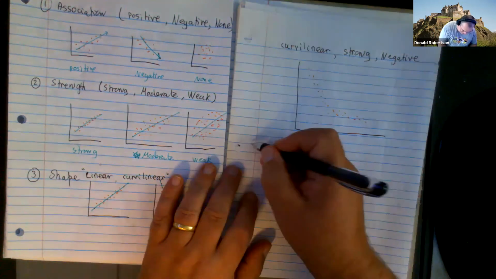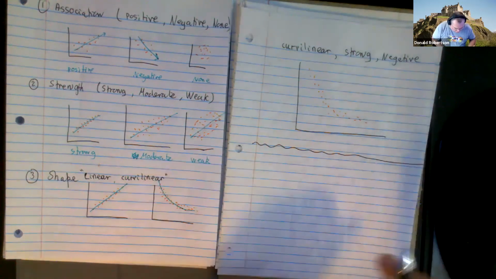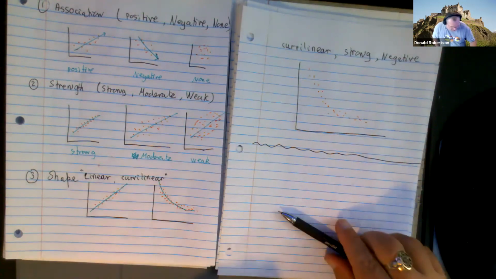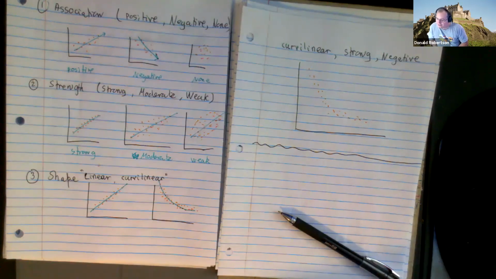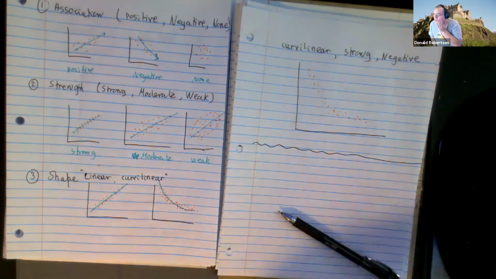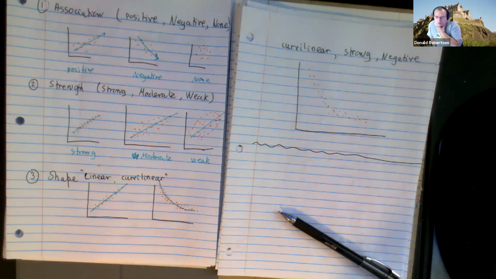Now I'm going to give you some stories. And you have to decide between positive, negative, or none. Just the association, right? So an example of that question might be something like this. We collected data on the age of 20 kids and we measured their weights.